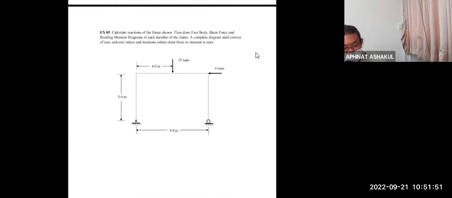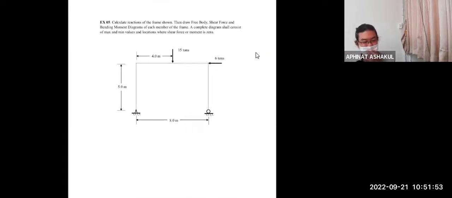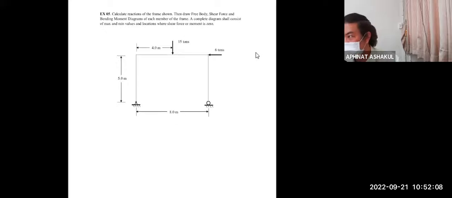So here it is. Ooh la la, what is that? Picasso. Calculate reactions at the frame shown in the free body diagram of the frame. So we know what to do. Now, how many reactions do we have? 3 as usual, right?